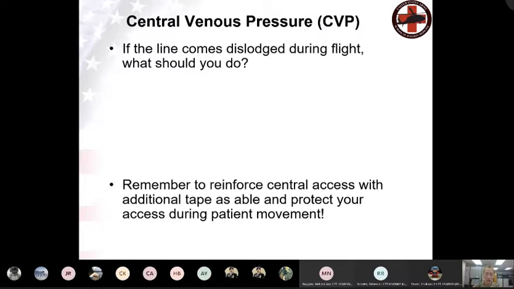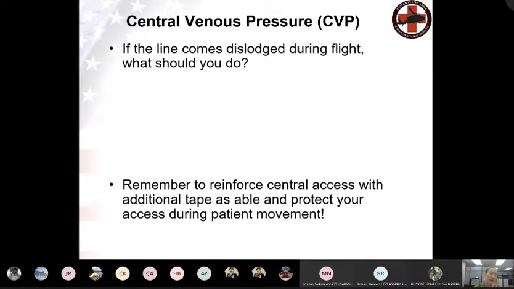Okay, for Sergeant Dumont, if a line comes dislodged during flight, what should you do? Well, if I had my prophylactic tourniquets, I would go ahead and crank down the tourniquet, because that takes away the set of hands I would need to put the pressure. Okay, what else?